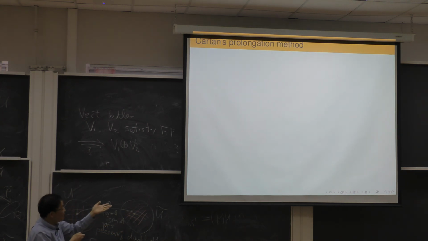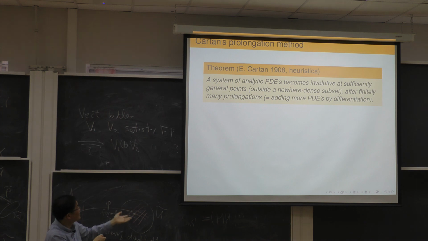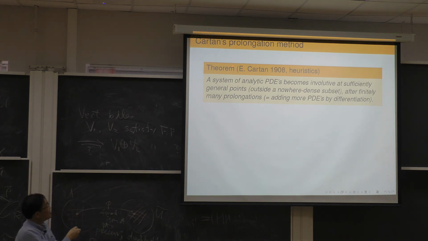But again, very luckily, there was Cartan's procedure. Élie Cartan, more than 100 years ago, claimed the following, without proof: any system of PDE becomes involutive if you look at a sufficiently general point.